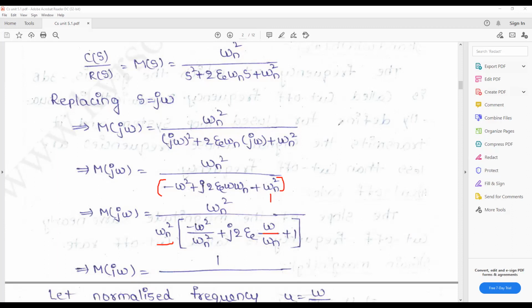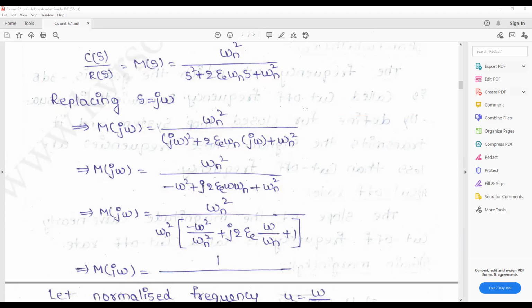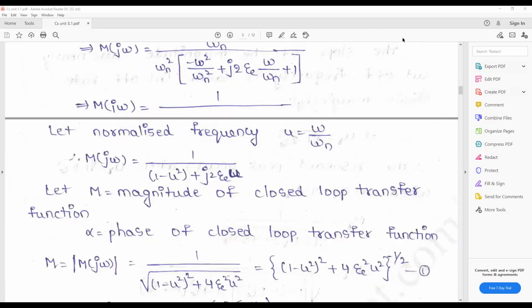Okay, so omega by omega n, take it as a constant u. Let the normalized frequency u be equal to omega by omega n. So M equals 1 by 1 minus u square plus j 2 zeta u.